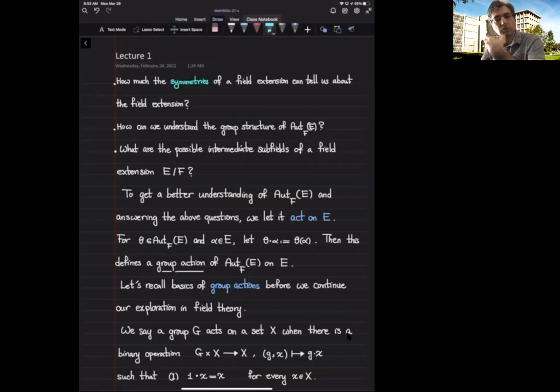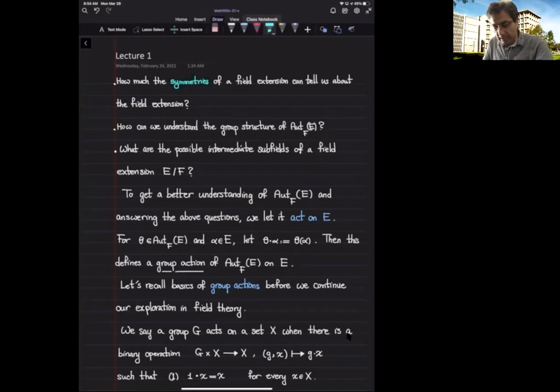It goes to the so-called Klein's program to understand different geometries, where he asked how much the symmetries of a geometry can tell us about the geometry. So Euclidean geometry, projective geometry, affine geometry, and so on. The same concept is here as well. We want to understand how much the symmetries of a field extension can tell us about the structure of the field extension.